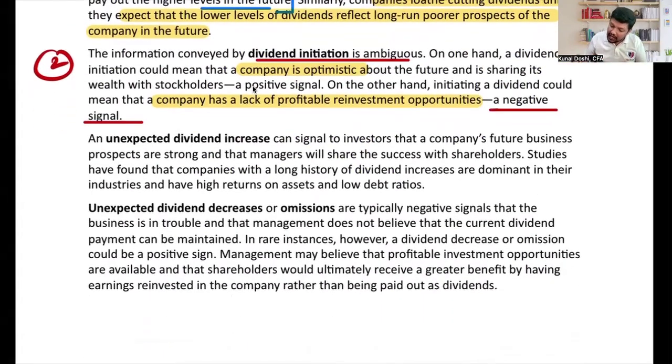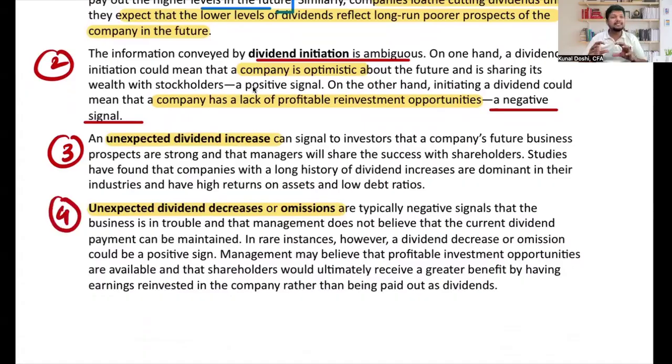Correct? Third, unexpected increase or decrease in dividend. Okay. Now this is a surprise. An unexpected increase is, of course, considered a strong sign of positivity that the company and the management are confident that the company's profitability will increase.